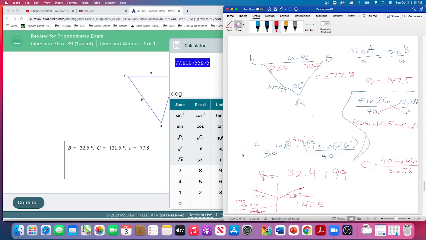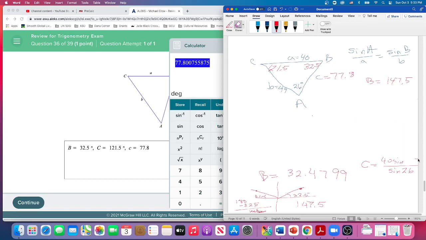Again, we're going to have to do most of these calculations just to see if they work. We might come up with one that doesn't.